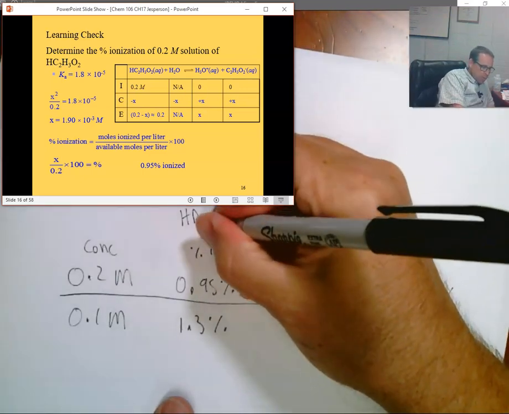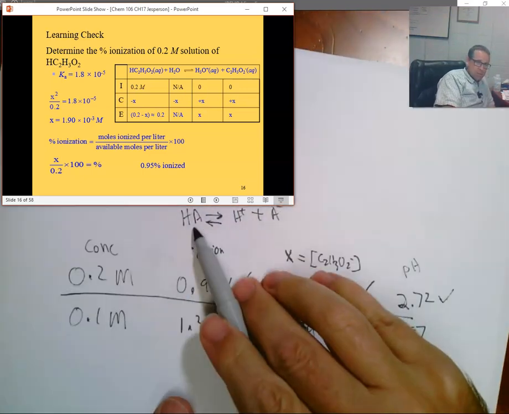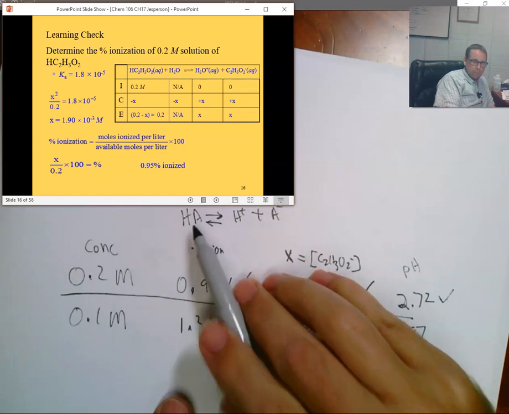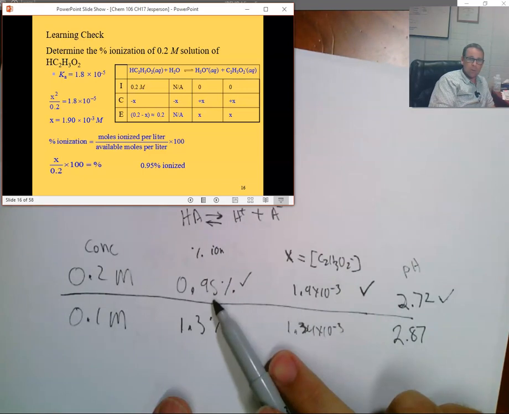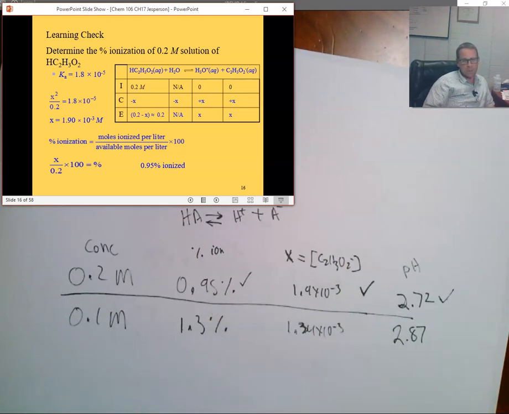Then we have more of a driving force to go back towards the associated form. So as more acid is present, a lower percentage of the material will actually be dissociated. Okay, very good.